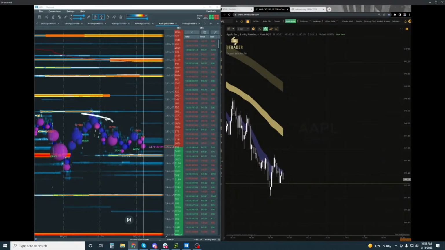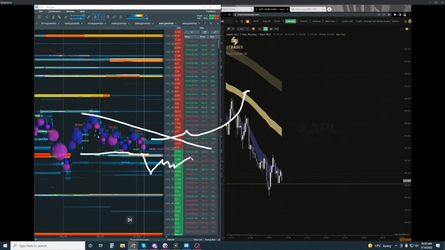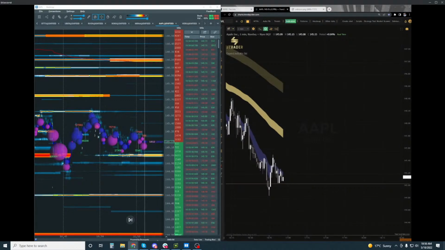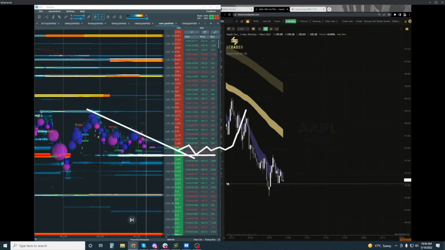So I'm looking for this and then a push, or a breakdown, consolidation, and then over here a fail. When I see these consolidations is when I want to attack. So for the long, I will need to see some consolidation over here, which would happen over here.